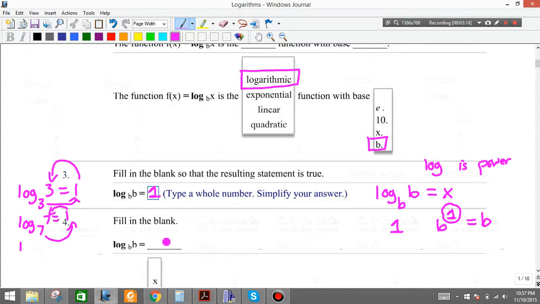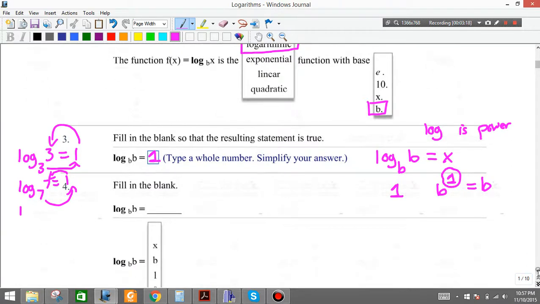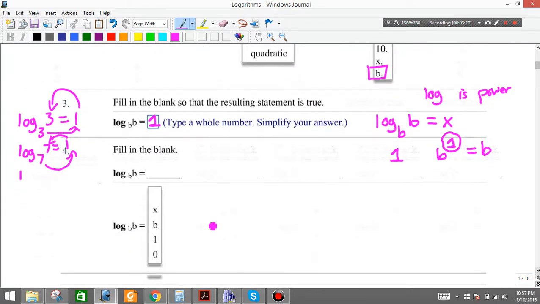Log base 7 of 7 is 1, because 7 to the first is equal to 7. For number 4, log base b of b is the number 1 because b to the 1 is equal to b.